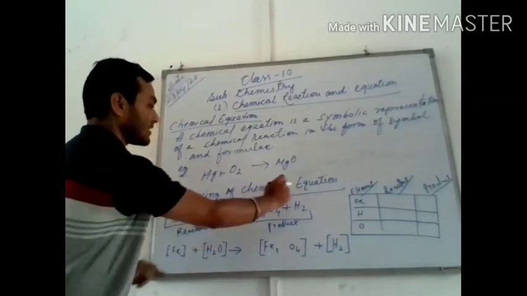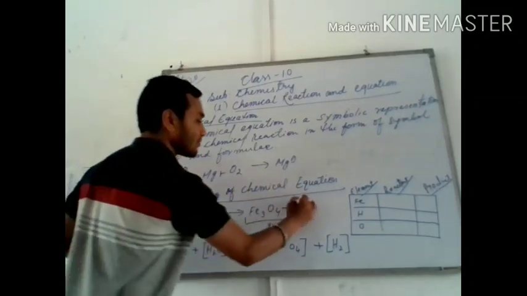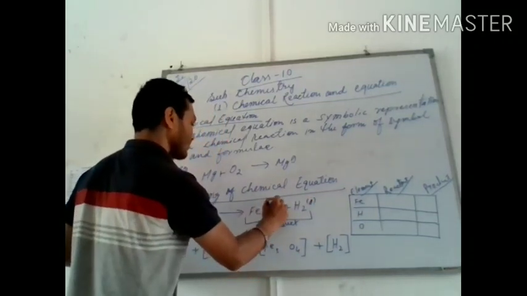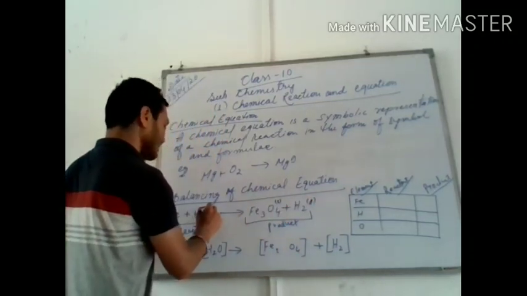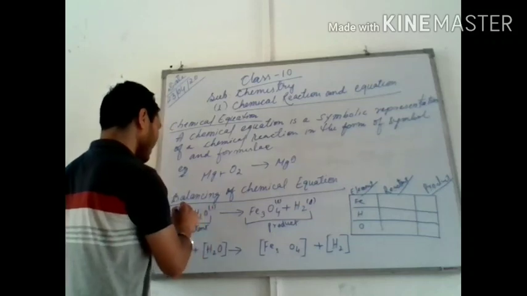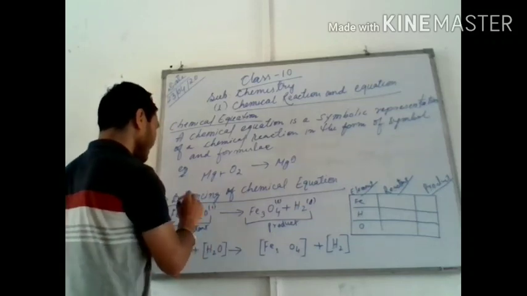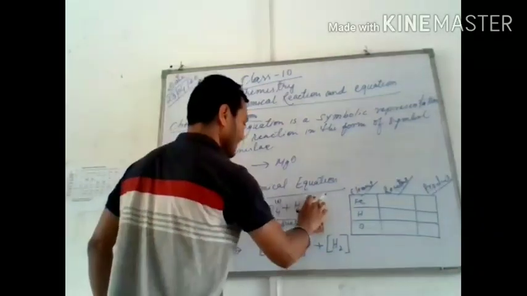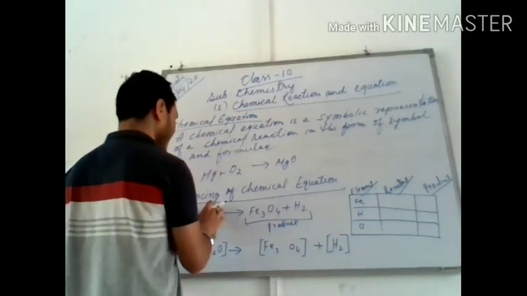I did not write it, but you can write by yourself in a small bracket: G for gas, S for solid, and L for liquid. I don't want to make it dirty, so I'm not writing here.